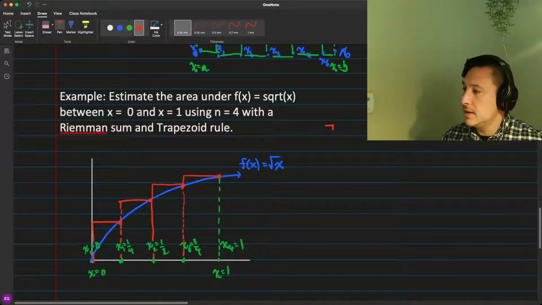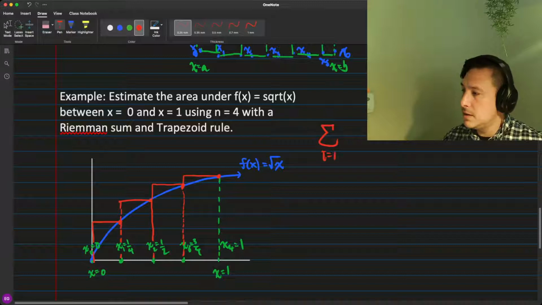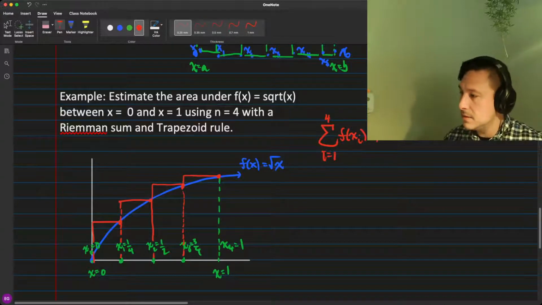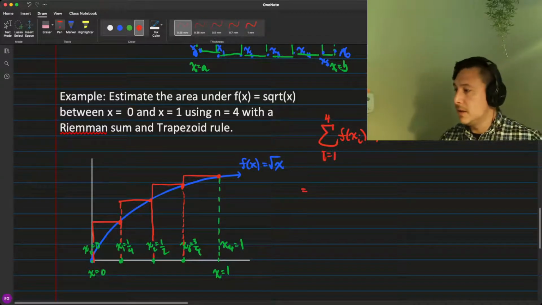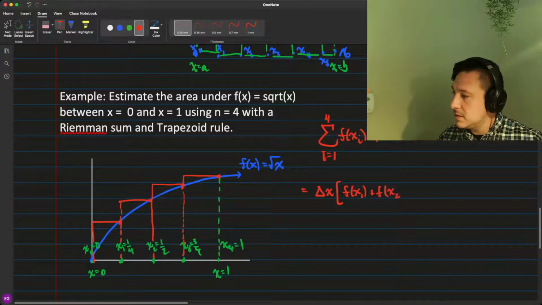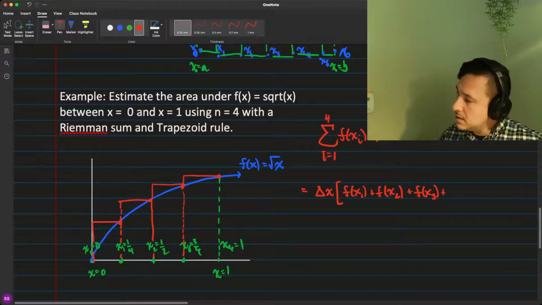Okay, so we're doing the sum where i equals 1 to 4 of f of xi times delta x. Right, so we can just factor out delta x. So what you get is delta x times f of x1 plus f of x2 plus f of x3 plus f of x4.